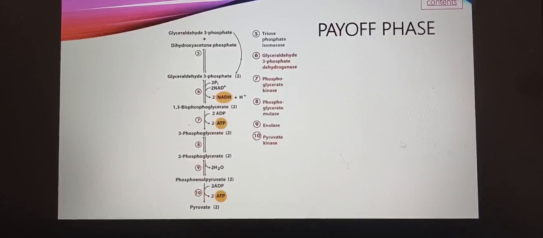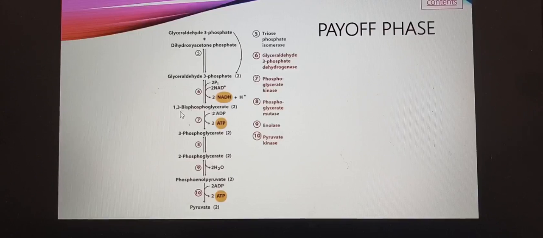It becomes 1,3-bisphosphoglycerate. Here we have already seen what happened: the hydrogens are transferred to NAD and converted into 2 NADH.